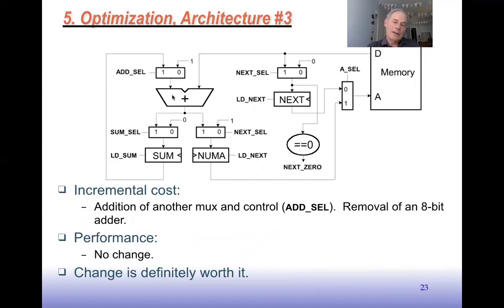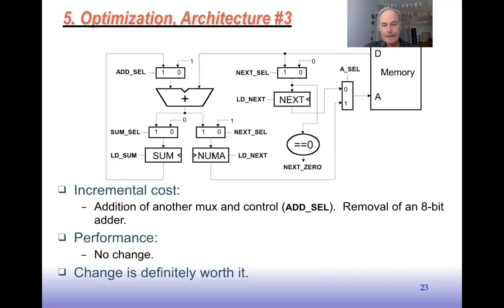Now this input can be used for either feeding back sum or putting 1 in. The other input always comes from the memory, because it's either going to be next, to which we'll add 1, or it's going to be sum, x, to which we'll add the previous sum value. So to make this idea work, we need to add this multiplexer and the control signal for it here.